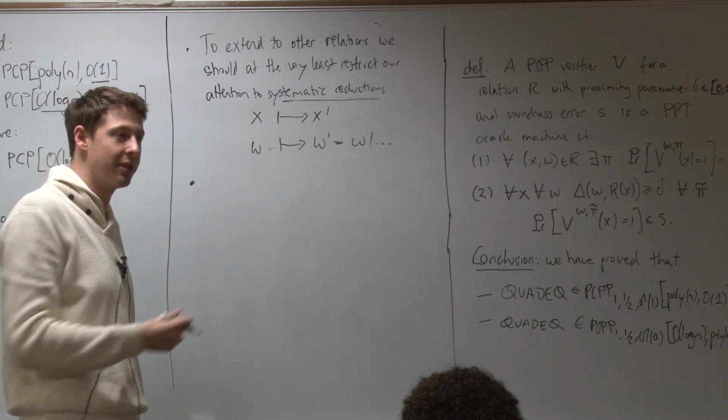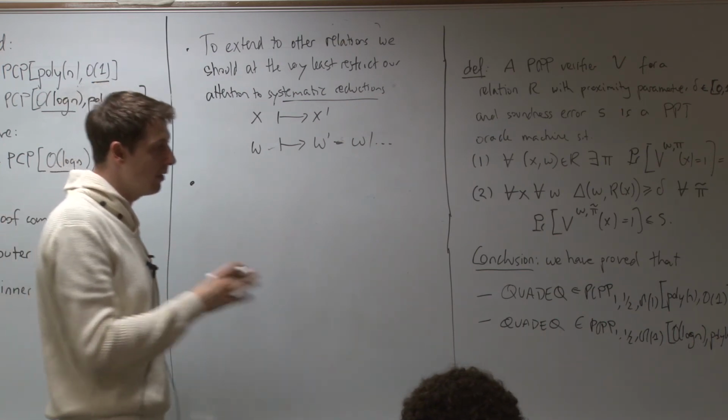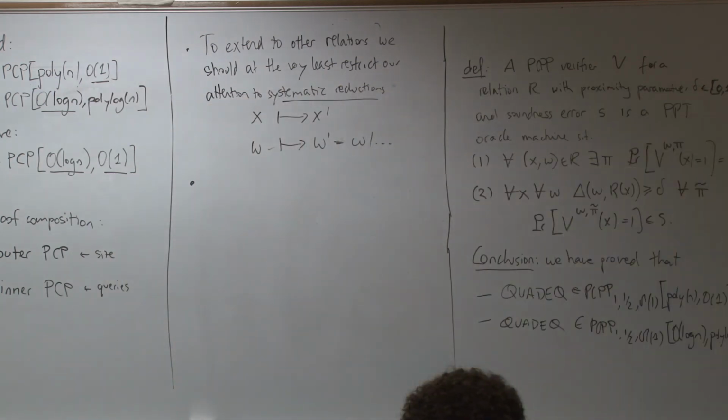I can apply a chain of systematic reductions, or just one, and I redefine my verifier to sample among the subdomain that contains the original witness. And now my distance will actually mean something.